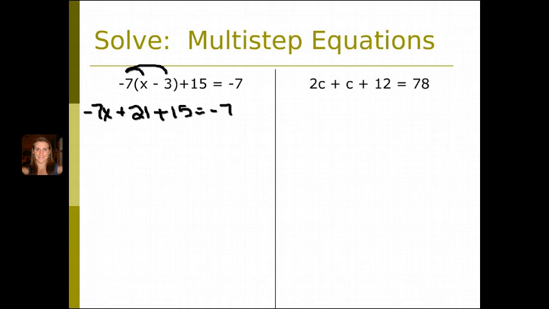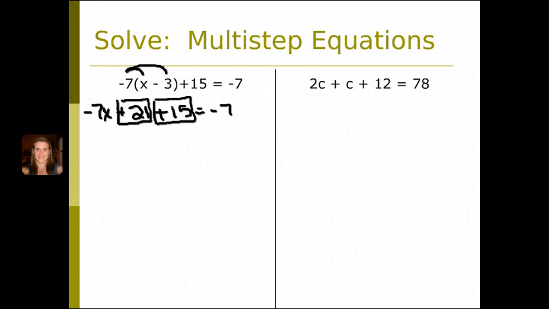The second thing you need to think about is, do I have any like terms on the same side of the equal sign that need to be combined? In this case, we do. We have a positive 21 and a positive 15. 21 plus 15 give us 36.